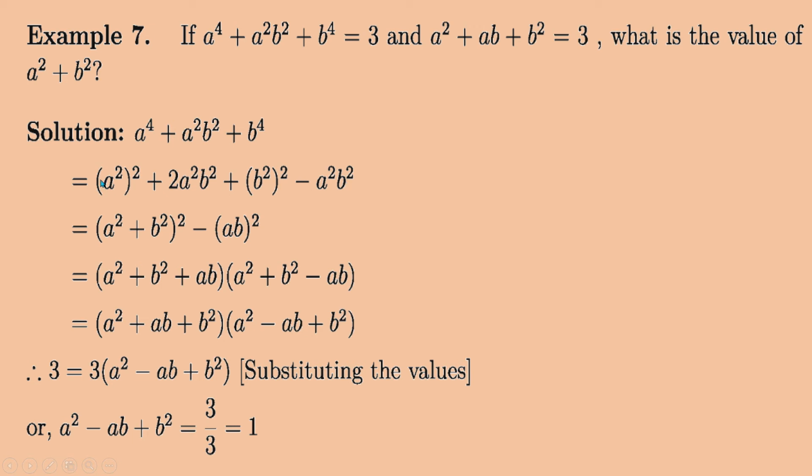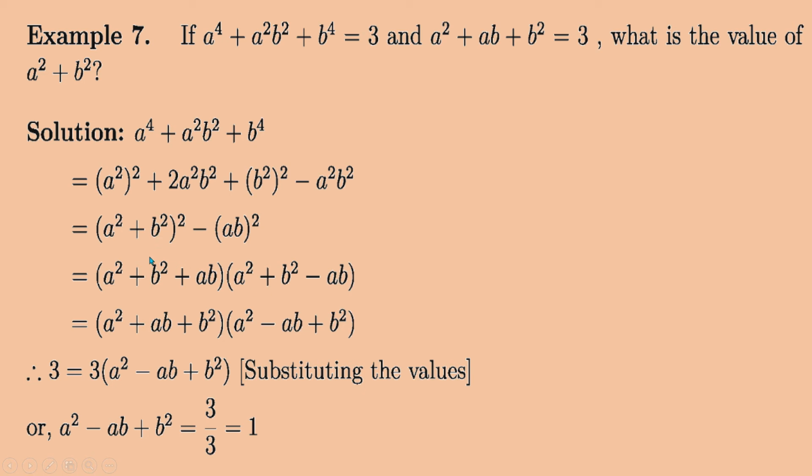Clear? Now this makes a formula (a plus b) whole square, with a meaning a square and b meaning b square, whole square minus (ab) whole square. Now this again makes a formula a square minus b square, which means (a plus b) into (a minus b).